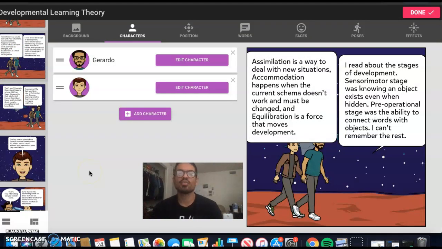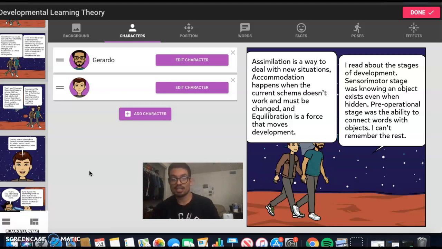Assimilation is the way somebody deals with new situations and new knowledge. And accommodation happens when the current schema doesn't work and must be changed. An example that I saw is when a child looks at an older man who is balding and only has hair coming around the sides of his head.